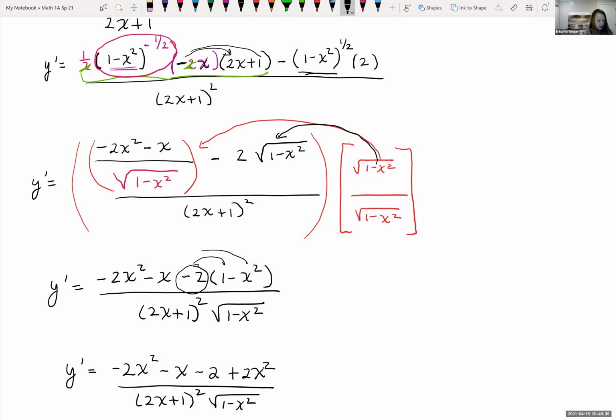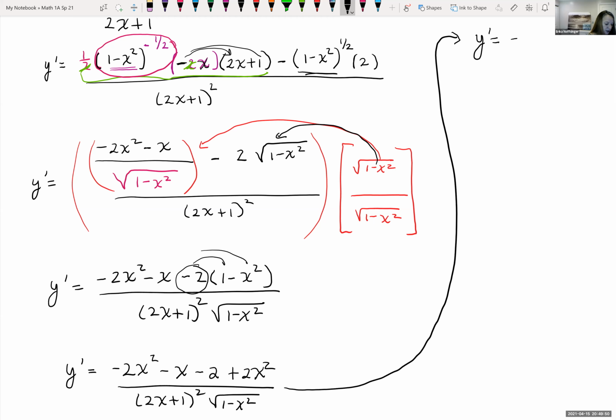So notice a -2x squared and a +2x squared cancels. So we get that our derivative is -x minus 2 in the numerator, all over this 2x plus 1 quantity squared square root of 1 minus x squared.